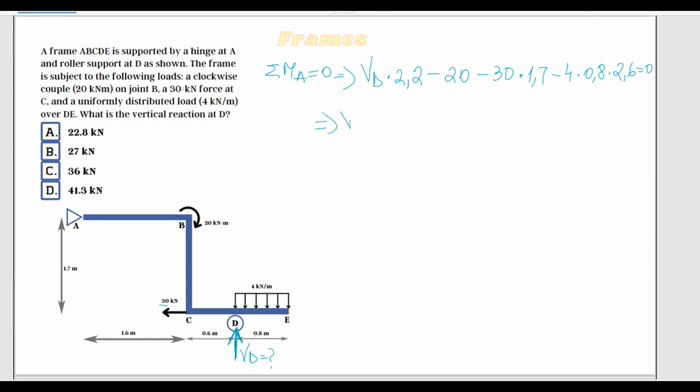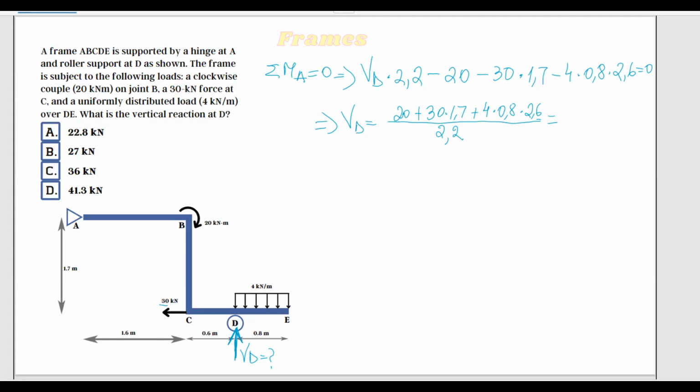From here, we can calculate VD equals, let's draw this line, 2.2 divided into 20 plus 30 multiplied by 1.7 plus 4 multiplied by 0.8 multiplied by 2.6.